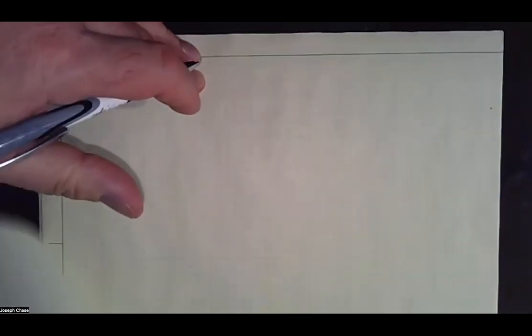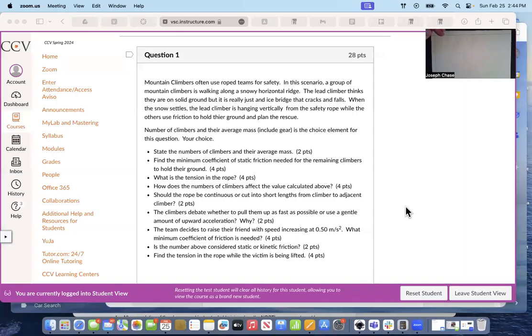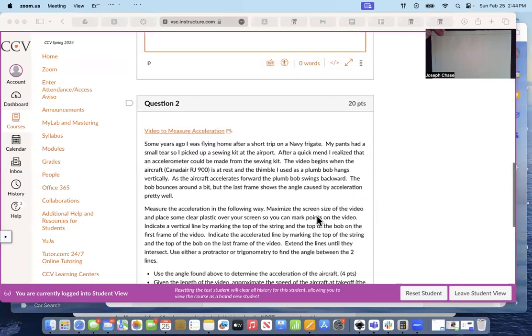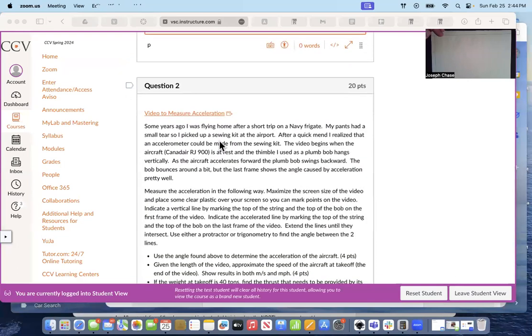Let's take a look at the other question, which involves a plane. So I'm going to share my screen really quick, and we'll take a look at what that looks like. So there's a video to watch.